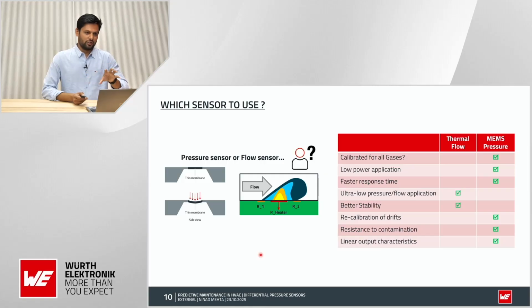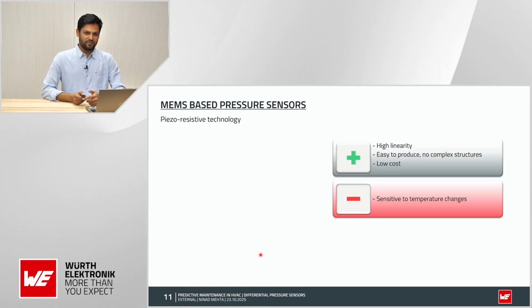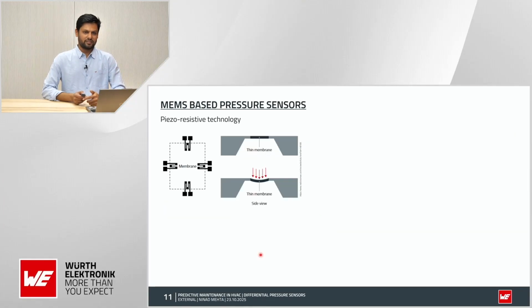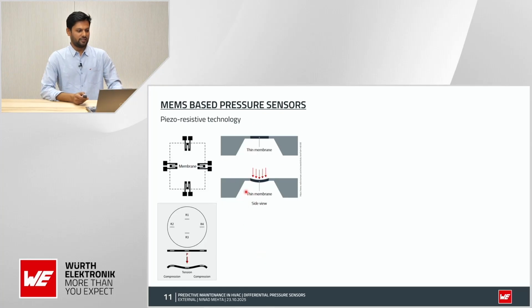We are going to focus today more on MEMS based pressure sensors. What are MEMS based pressure sensors? As explained, you have a thin membrane and a piezoresistor, and with the stress from the top side, the piezoresistor is either in tension or compression, and based on that the resistance changes.